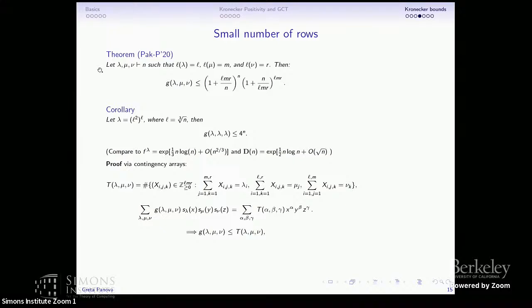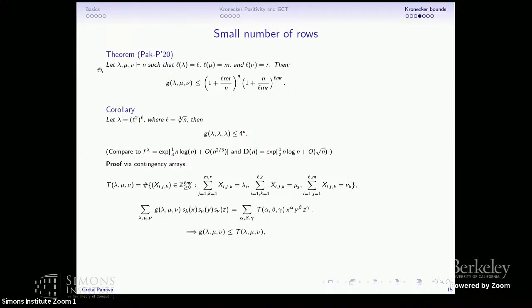Since this is a workshop on optimization, let me tell you very briefly how we prove this. We prove this using contingency arrays. Contingency arrays are, in this case, three-dimensional, so three coordinates i, j, and k.